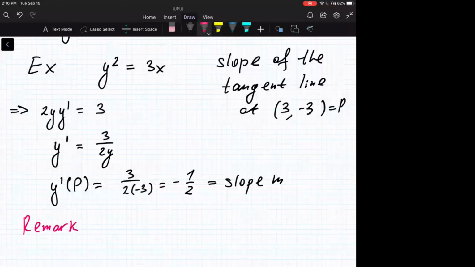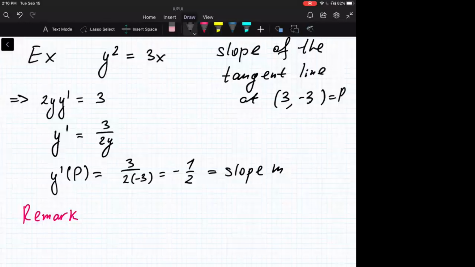Okay, and what I wanted to say before, the remark, that sometimes, as before, we have seen that usually in such problems you have two coordinates. So as in this case, you have the point with coordinates 3 and minus 3. So you know both coordinates, x and y, and then you plug into your formula for the derivative and find the derivative.